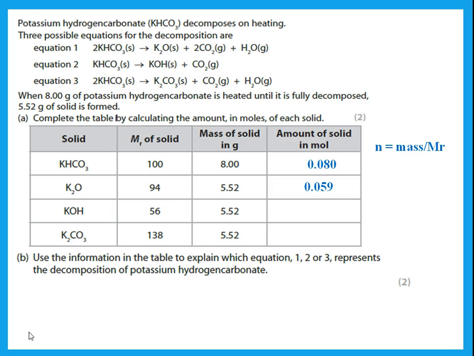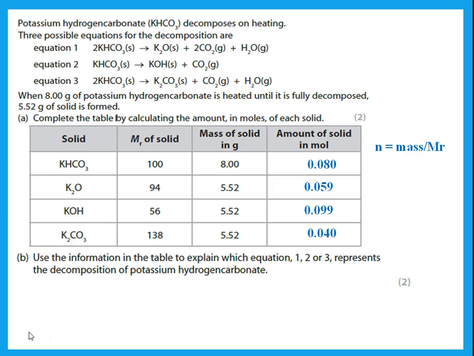Now, if it is supposed to be KOH, and the 5.52 grams is KOH, then I can divide it by the molecular mass of the KOH to get the number of moles. But if the 5.52 grams are actually K2CO3, then I need to divide it by 138 in order to get the number of moles.